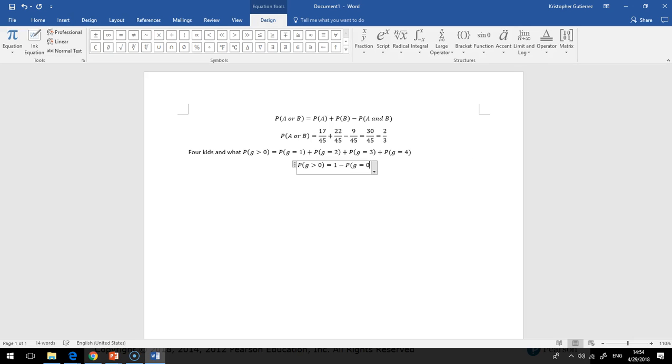Well, that's that girl equals 0, which is equal to 1 minus 1/2 to the 4th power, which equals, let's see, 2, 4, 8, 16, 15/16ths. So rather than calculating 3 difficult calculations, you do 1 calculation. And the probability that G is greater than 0 is simply 1 minus the probability of the girl equal to 0.